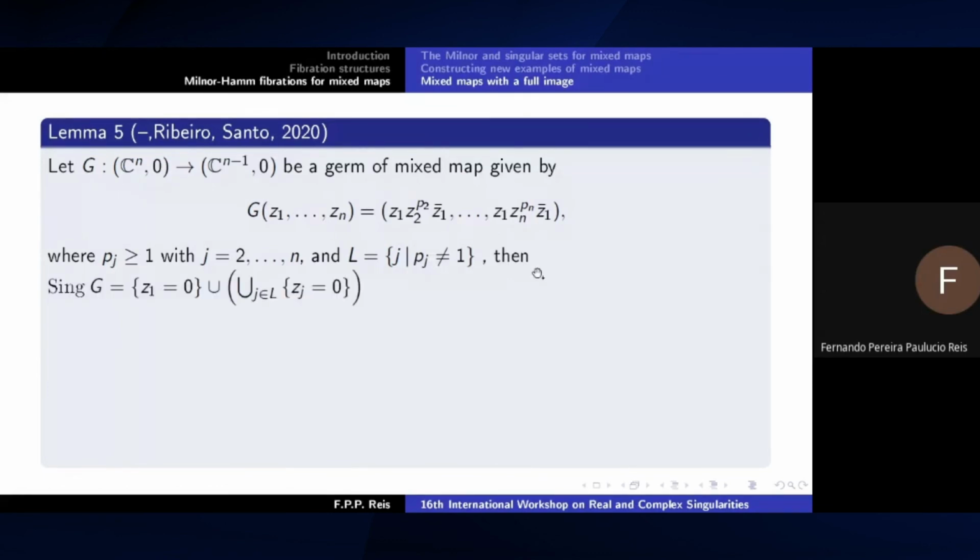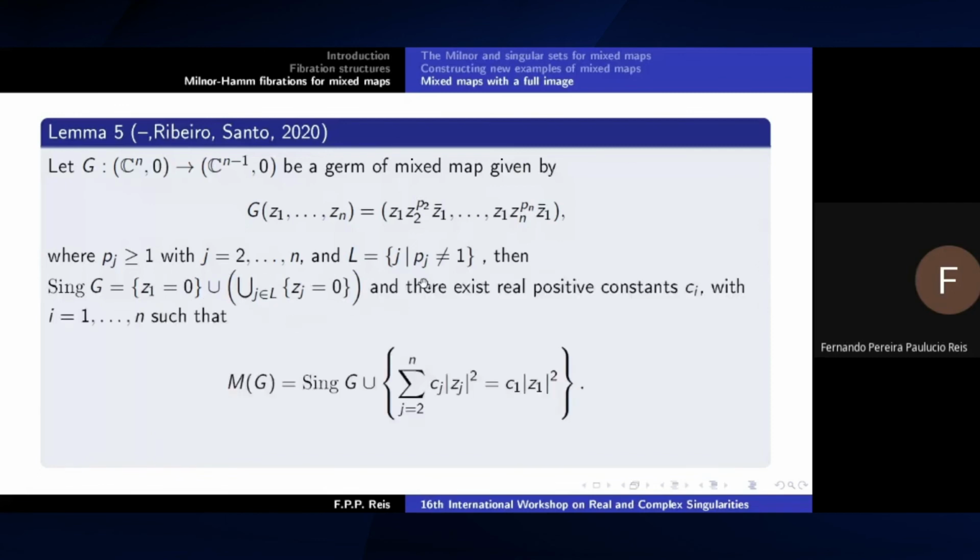Then the singular set of G equals this union of sets. And there exist real positive constants such that the Milnor set is the union of the singular set of G with this set.